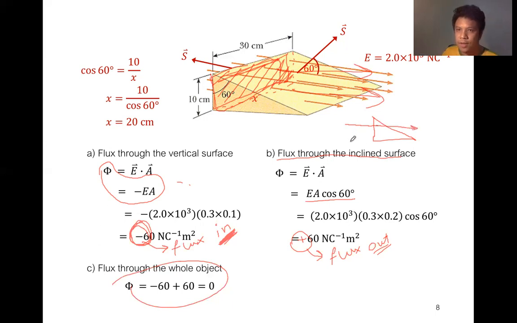So that is one line coming in and one line going out. If I consider a few more lines, the same number come in and go out. Okay, so now it comes in 4 times, goes out 4 times, and the number of flux in and flux out are equal. So the flux through the whole object should be 0.